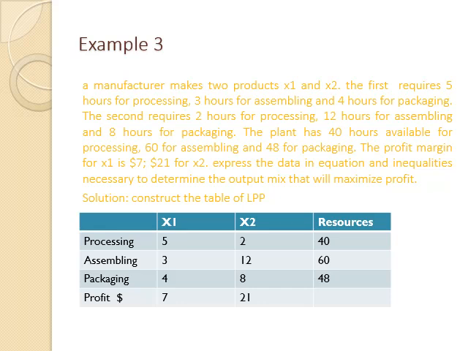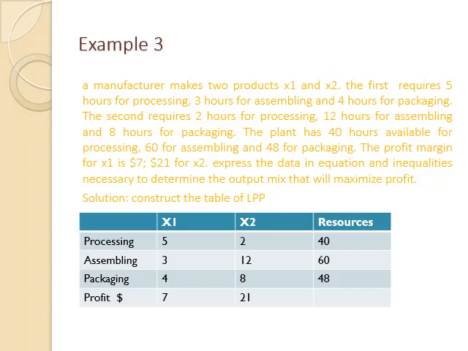So the quantity of X1 and X2 should not cost more than 40 hours, because the company has only 40 hours for processing, 60 hours for assembling, and 48 hours for packing.